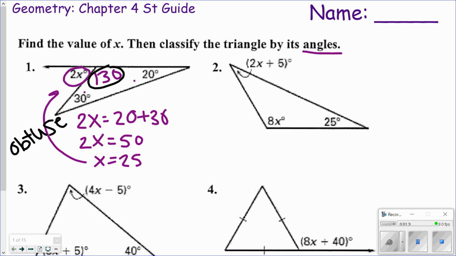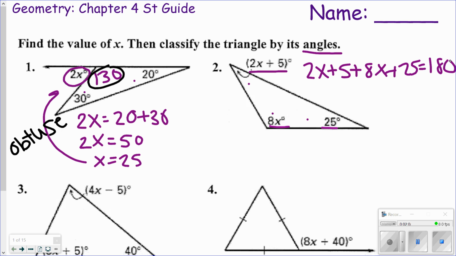Number 2, I have 2x plus 5, 8x, and 25. These are all interior angles. So to solve for the interior angles, I know when I add these up, it equals 180. So let's write that out. So we have 2x plus 5 plus 8x plus 25 is equal to 180.